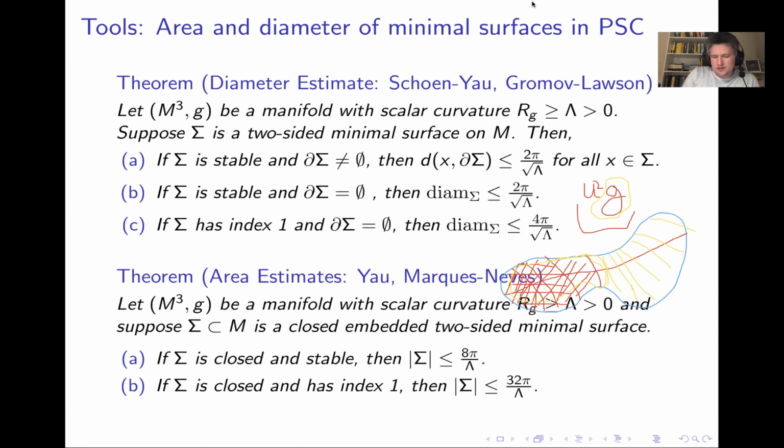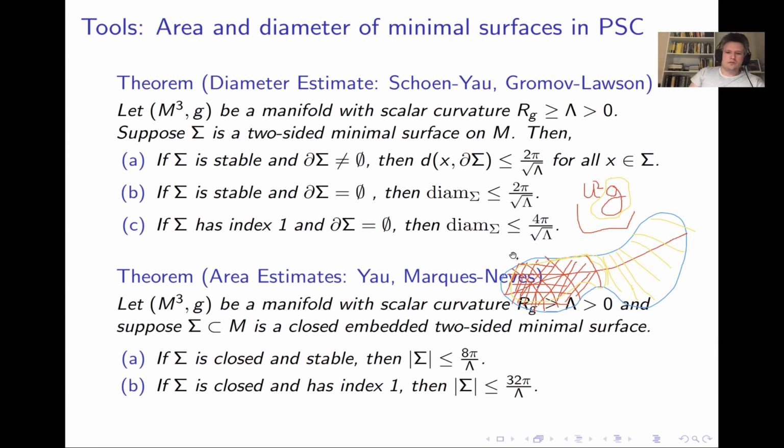Okay, so the proof of this, I'm not going to go into it, especially the index 1 case, because you have to use a trick there. But basically the idea is you go back to that second variation, that integral form, and you cook up interesting test functions that will allow you, once you plug them in the integral expression, to make conclusions about the area of the surface.